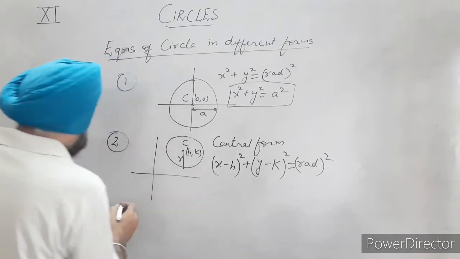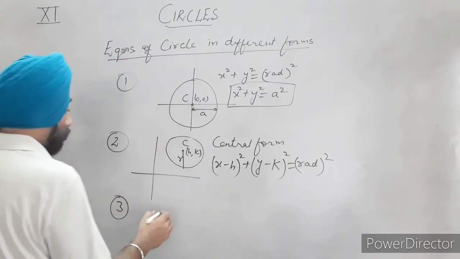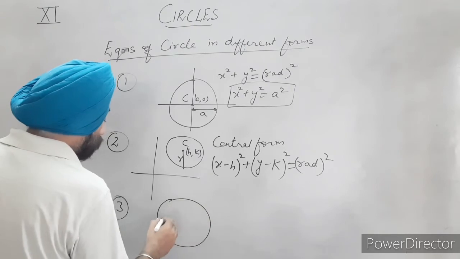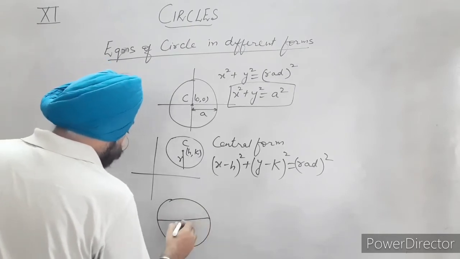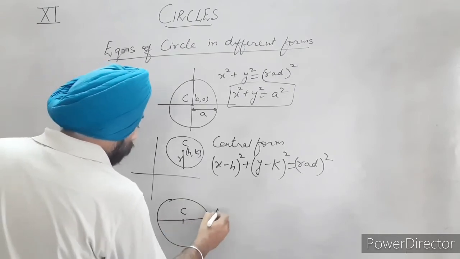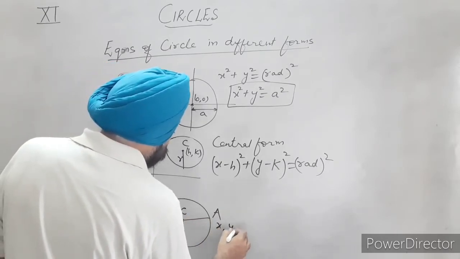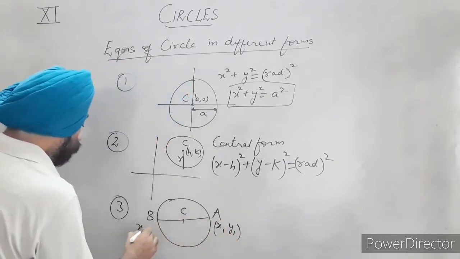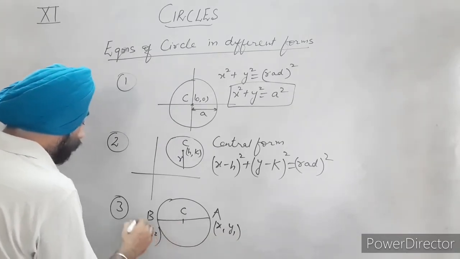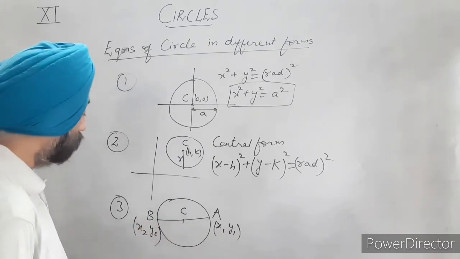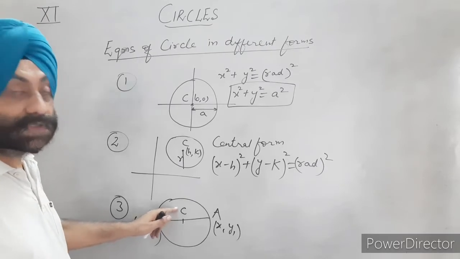Now third is the diameter form. This is the center. A and B are the ends of the diameter given, (x1, y1) and (x2, y2). When the ends of the diameter are given, then how can we write the equation of this circle?